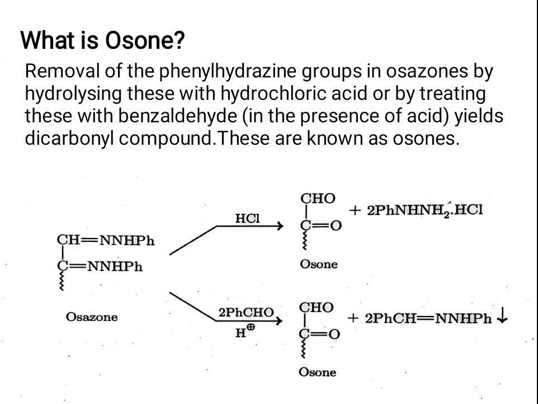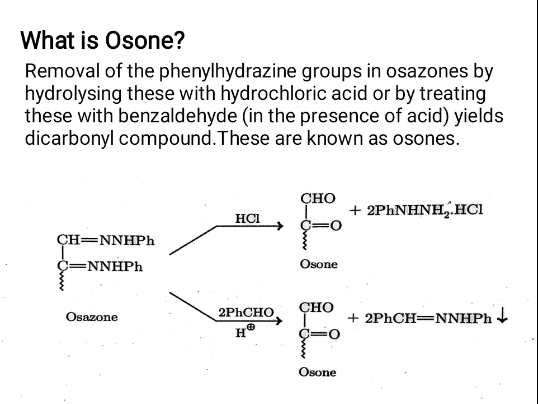Now, what is osone? Removal of the phenyl hydrazine groups in osazones by hydrolyzing with hydrochloric acid or by treating with benzaldehyde in the presence of acid yields dicarbonyl compounds. These dicarbonyl compounds are known as osones.